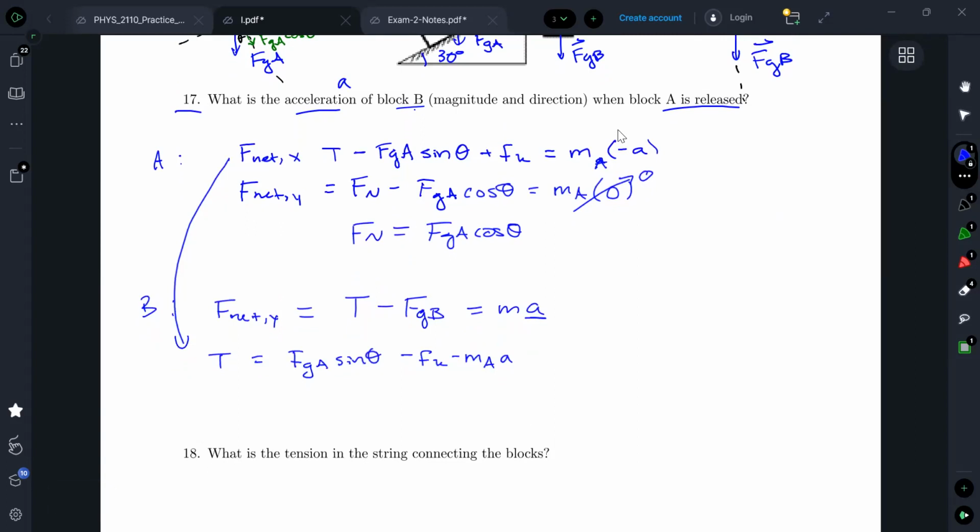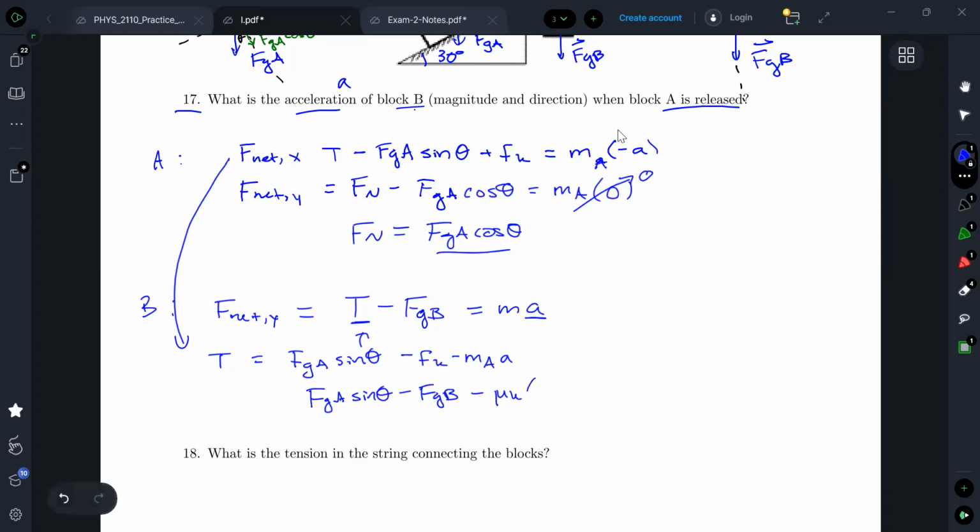And since that's the same as this tension in magnitude, even though those forces act in different directions, I can substitute that in right here. And so FGA sine theta minus FGB minus kinetic friction, which I'll just go ahead and say is the coefficient of kinetic friction times normal force.